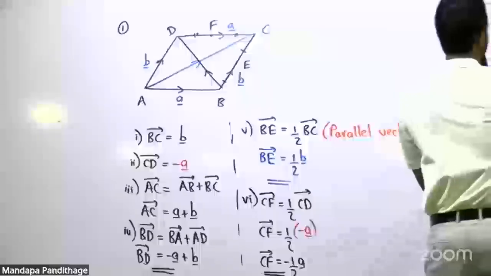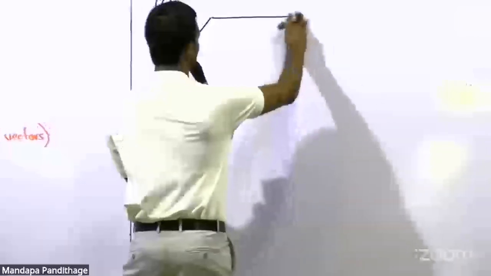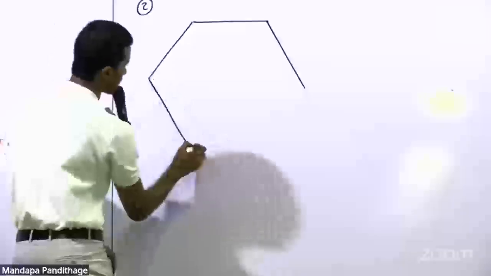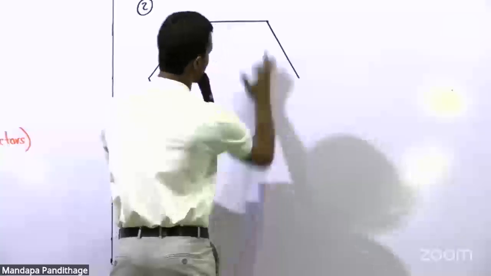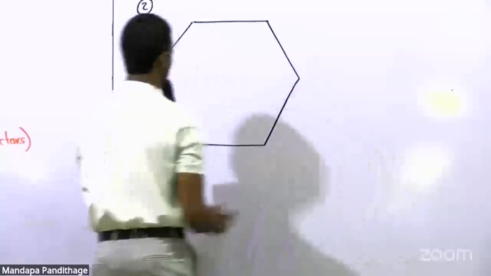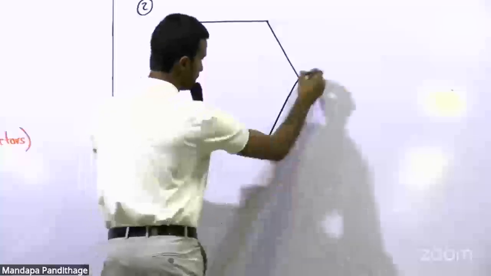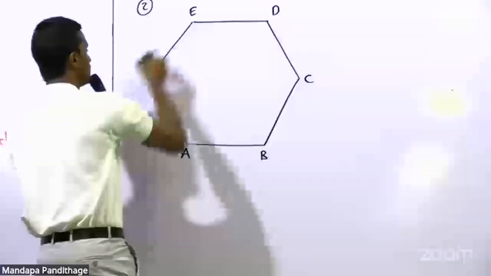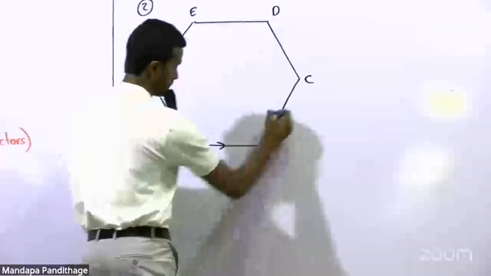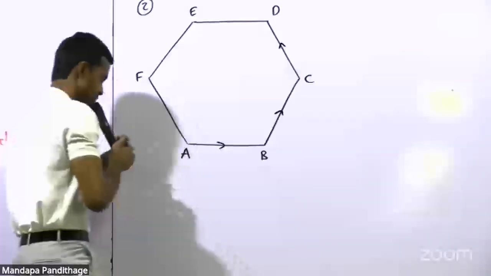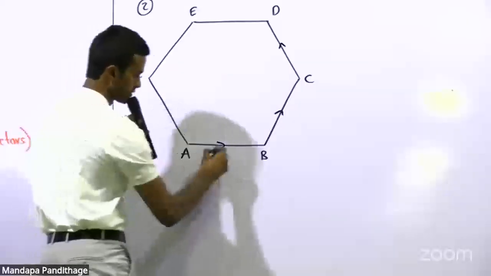The vertices are A, B, C, D, E, and F. AB is given as A, BC as B, and CD as C. What did I mention in the previous question?